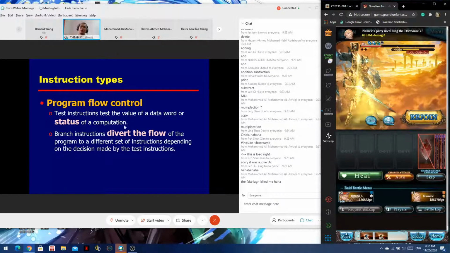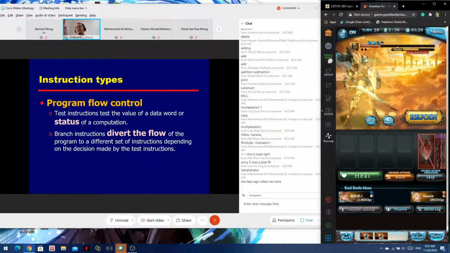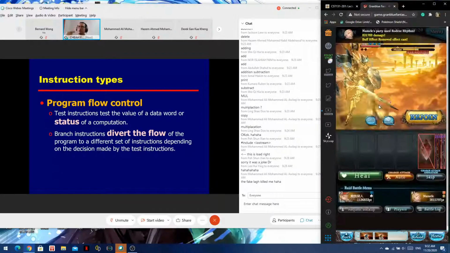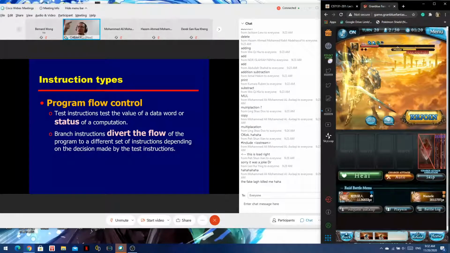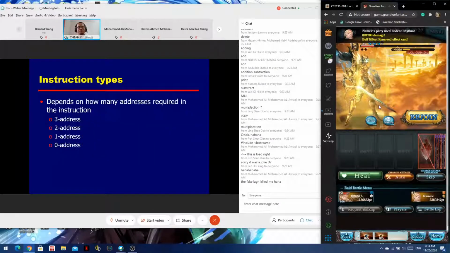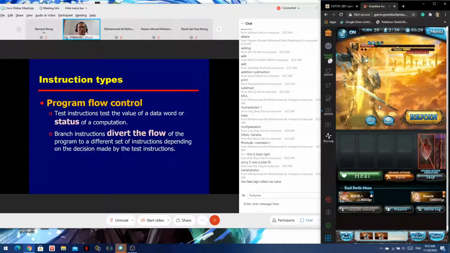So the program flow will indicate the status, and it will also indicate the flow of the program. Not all programs go instruction 1, instruction 2, instruction 3, instruction 4, instruction 5. Sometimes it will branch to somewhere else. So that is program control, diverting the sequence of the execution. So that is the instruction types.